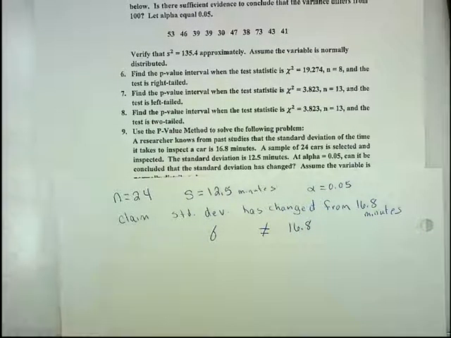So there's your claim. The researcher at the beginning says that the standard deviation it takes to inspect a car is 16.8, but they take a sample of 24 cars and find the sample standard deviation is 12.5 minutes. At alpha equals 5%, can it be concluded that the standard deviation is no longer 16.8? It has changed from 16.8 minutes.